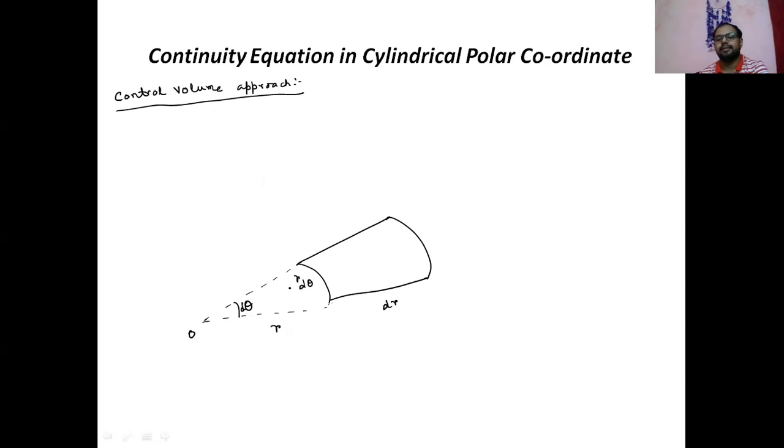Cylindrical polar coordinate means three parts: r, theta, and z. A cylinder, same way.